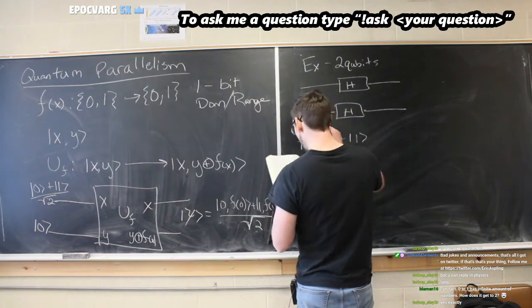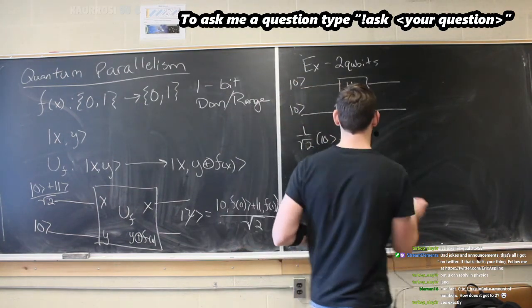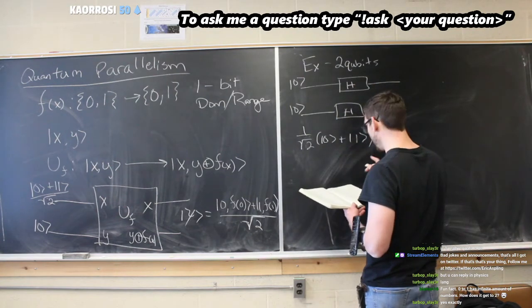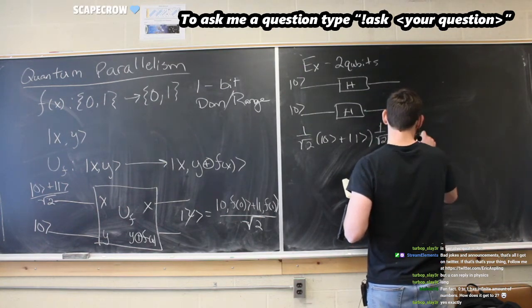This is very particular to starting with 2 zeros, because the Hadamard affects the 0 and 1 state differently. So we'll have 1 over root 2 times 0 plus 1, times 1 over root 2 times the state 0 plus the state 1.